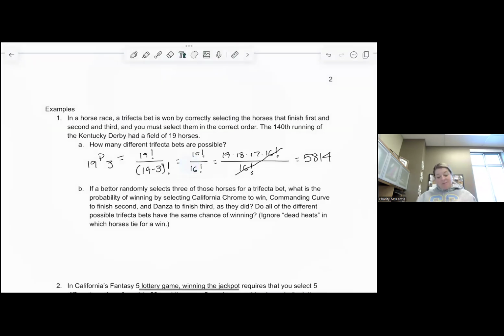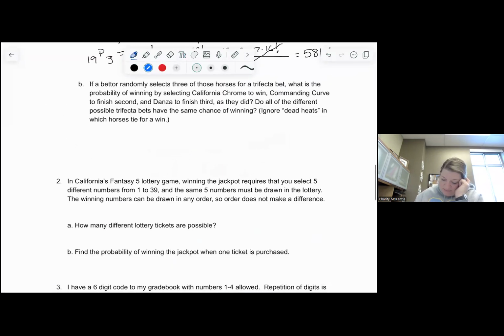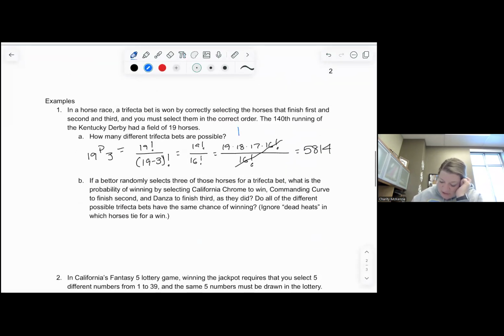Okay, so formula or not, another way that you could have done this one, it only works for permutations. Your logic could have gone with, I have 19 choices for the first spot, first place. Whoever got first place, then I have 18 for the next and 17 for the next.